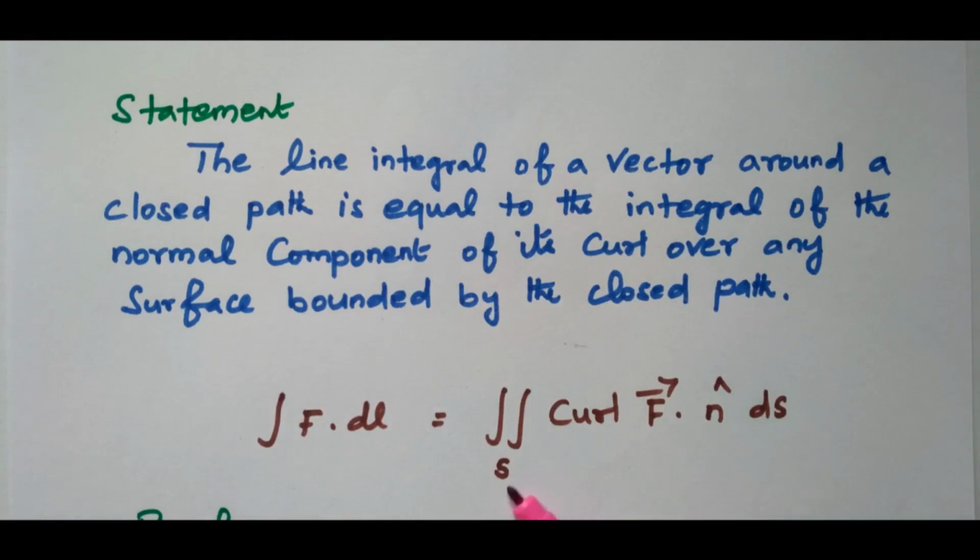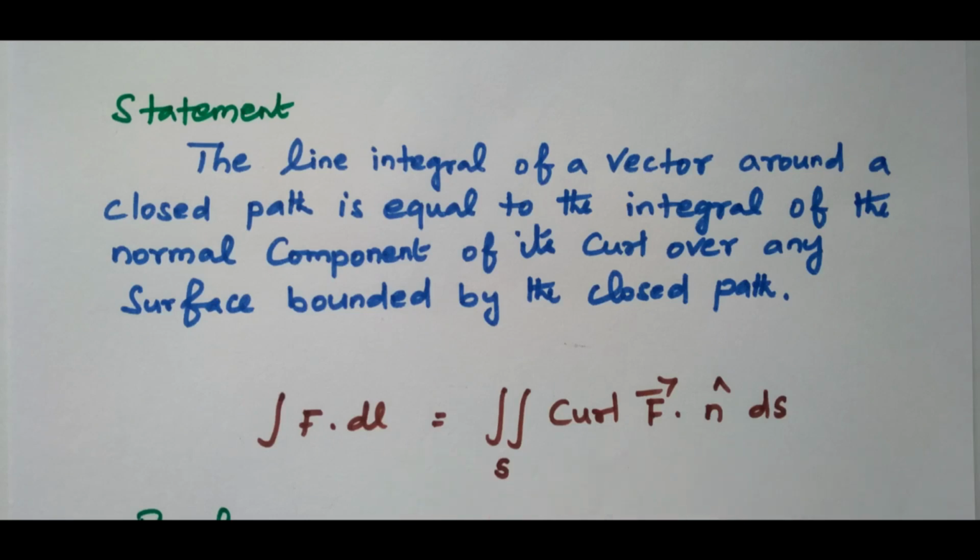So this is a surface integral of the curl of the vector in the normal direction of the surface. So the line integral of a vector around a closed path is equal to the surface integral of the curl. That is the statement given in the Stokes theorem.